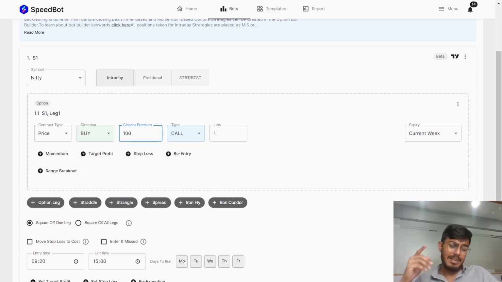So it basically means that the call option contract for current week expiry, that is currently being traded somewhere around 100, will be bought at 920. So that's how you can have the options contract selection on the basis of closest premium, right?